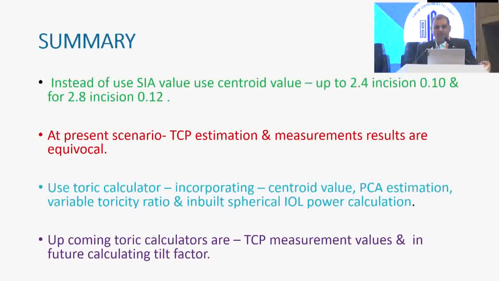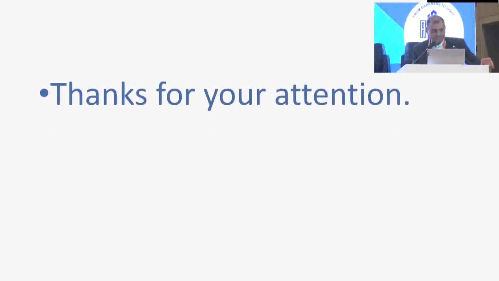Our upcoming toric calculators use TCP measurement values, and in future, tilt factor calculation, as Panacea has already incorporated toric tilt factor calculations. So incoming toric calculators will have a calculation of tilt factor. Thanks for your attention.